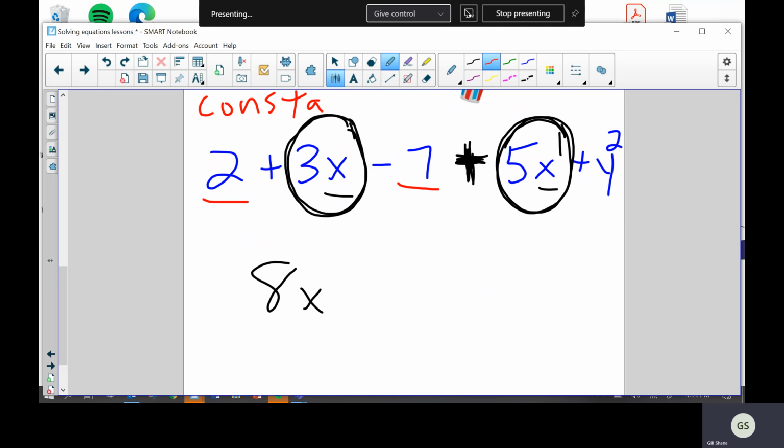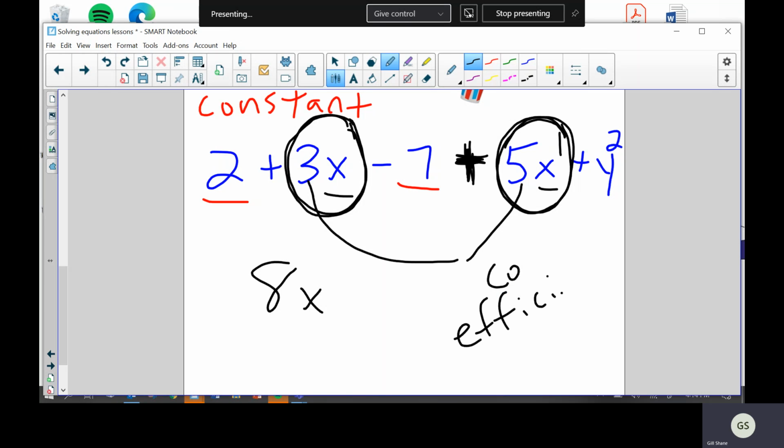So that is a constant. So the 7 and the 2 are constants. I'll do this in black since I did them in black. The 3 and the 5 are called, I'm going to have to come down here because I'm writing with my finger, those are called coefficients. So remember, the number in front of a variable is the coefficient.